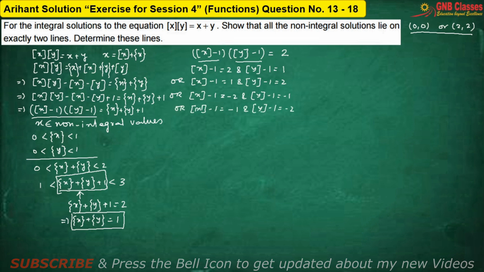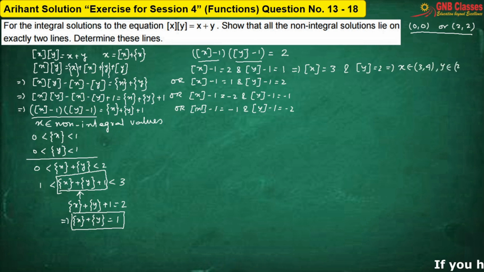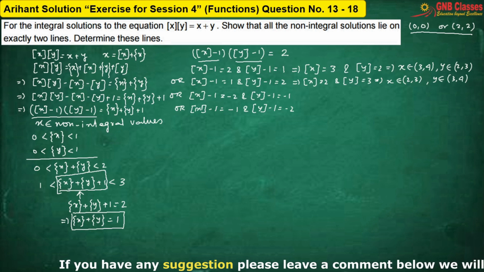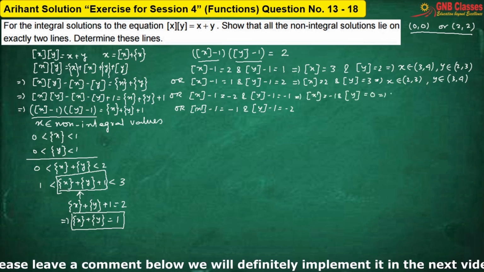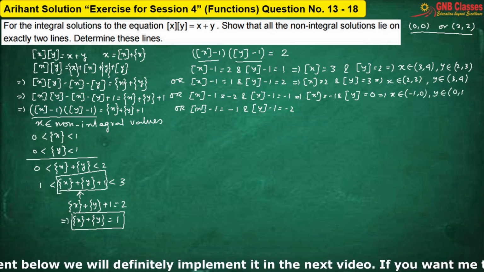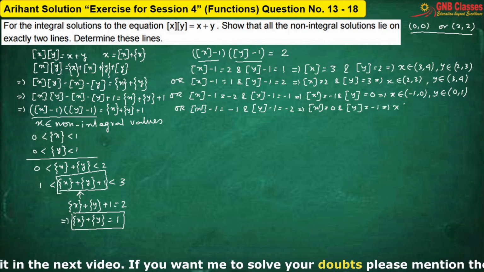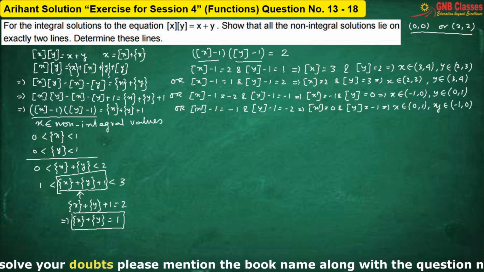From the first one we get x lies between 3 and 4, y lies between 2 and 3. From the second one we get, is it okay? From the third one we have, and from the fourth one we have, is it clear?